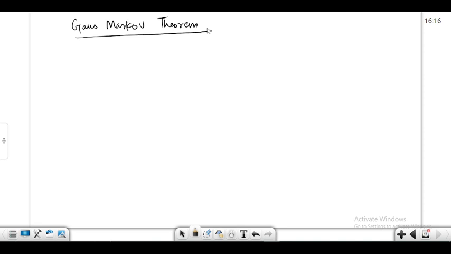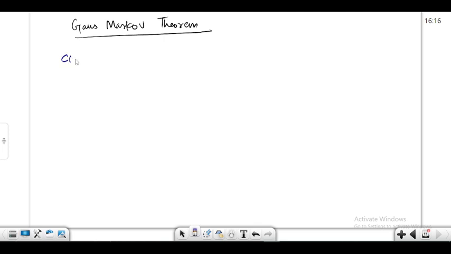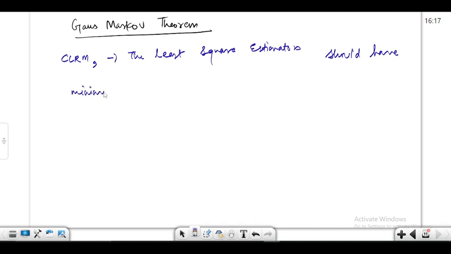Given the assumptions of CLRM, your classical linear regression model, the Gauss-Markov theorem says the least square estimators should have minimum variance and should be unbiased.